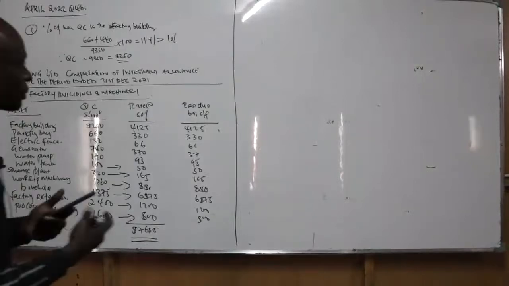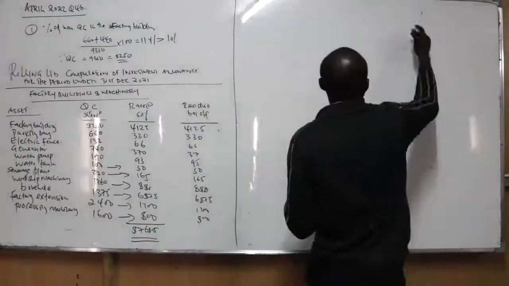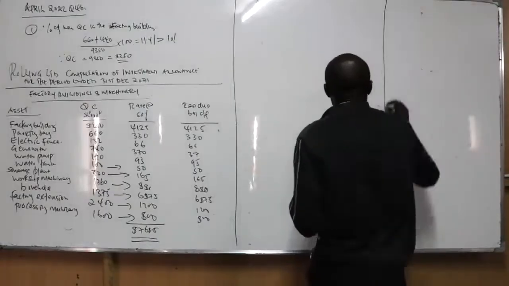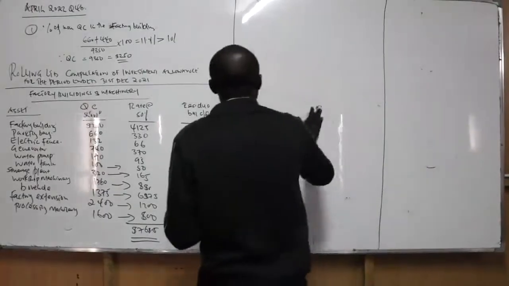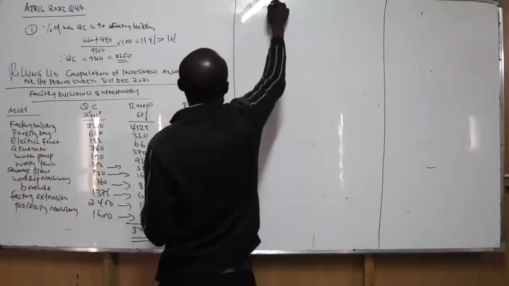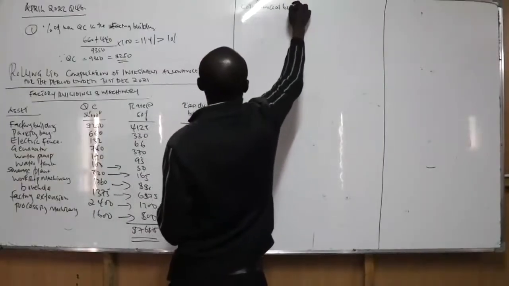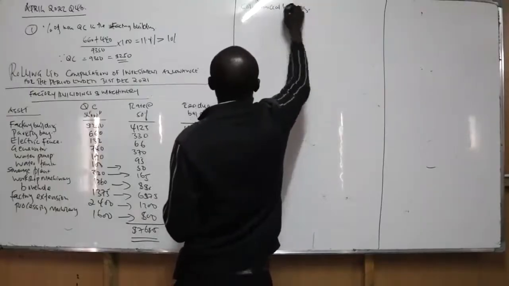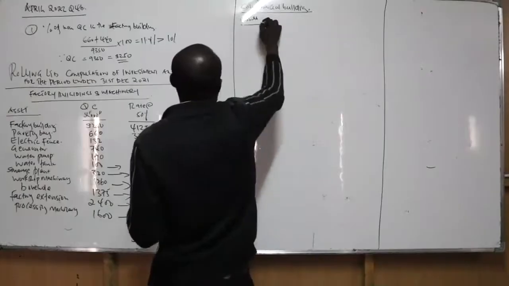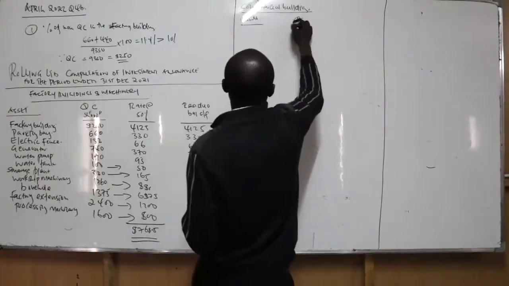Then here, you're going to claim the second category, the commercial buildings. So you're going to write here asset, and then here we have the qualifying cost.